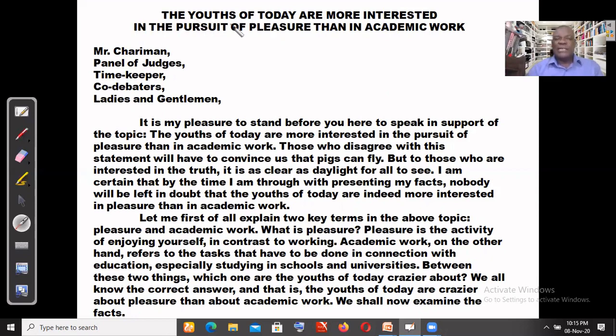Then other words will start with a capital letter if they are keywords, what we call content words, like nouns, verbs, adverbs, adjectives. So youth is a noun, so it will start with capital letter Y. Of is a preposition.